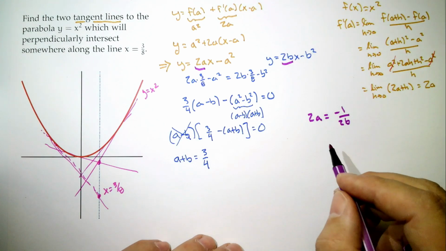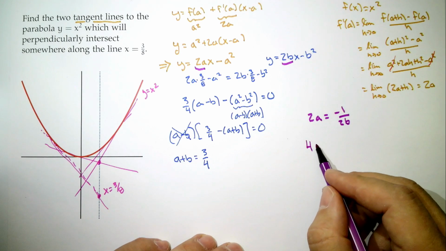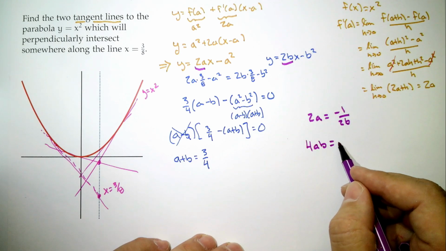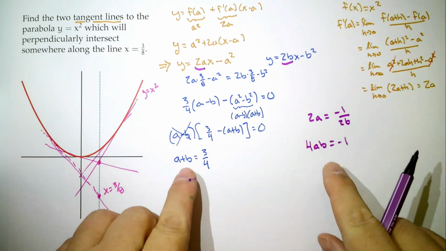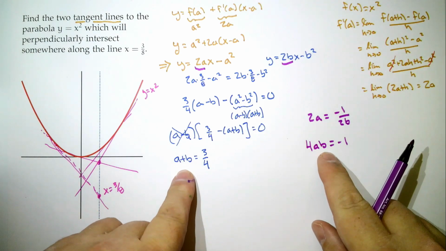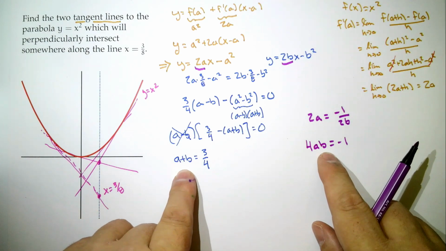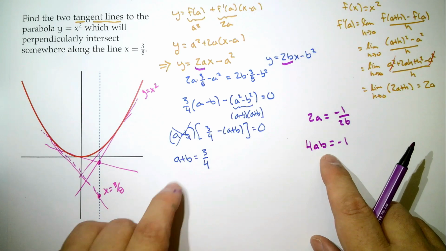Now we can rewrite this. That says 4 times a times b had better be equal to negative 1. And now we're in pretty good shape because we have two equations and two unknowns. So how can we go about solving?